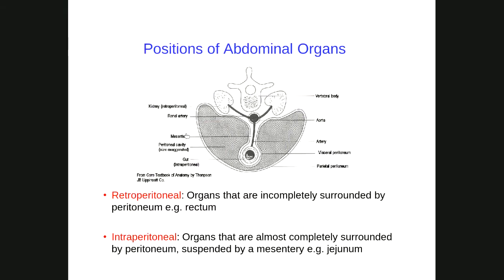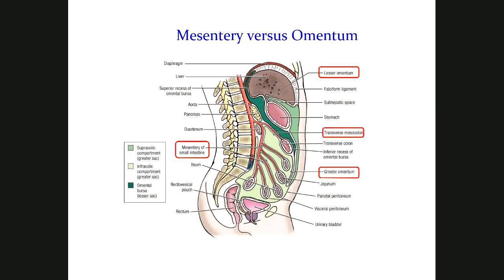So here the retroperitoneal organs are incompletely surrounded by the peritoneum, such as the rectum. Intraperitoneal organs have the mesentery that attaches them to the posterior abdominal wall, such as the jejunum. So here the figure shows you the attachments of these hollow organs of the gastrointestinal system to the posterior abdominal wall through this neck of double layer of peritoneum, which is known as the mesentery.